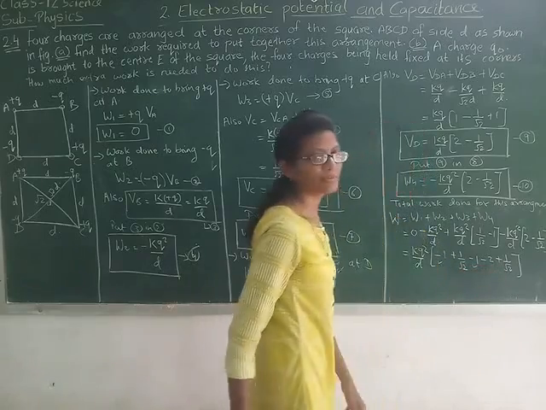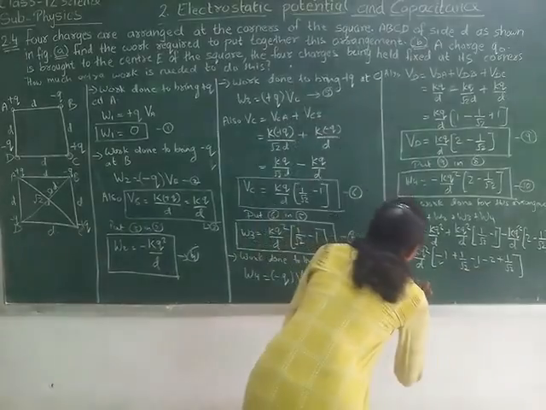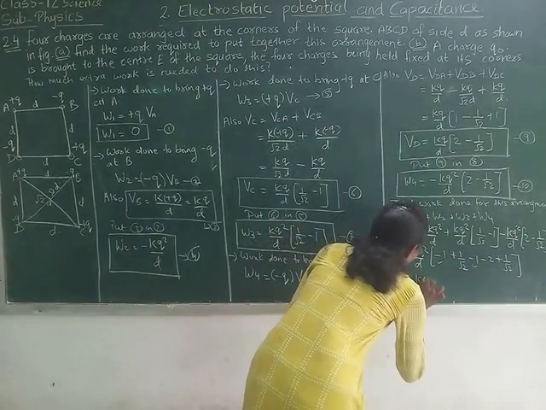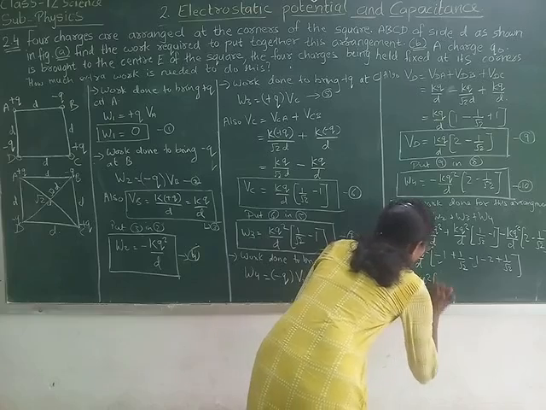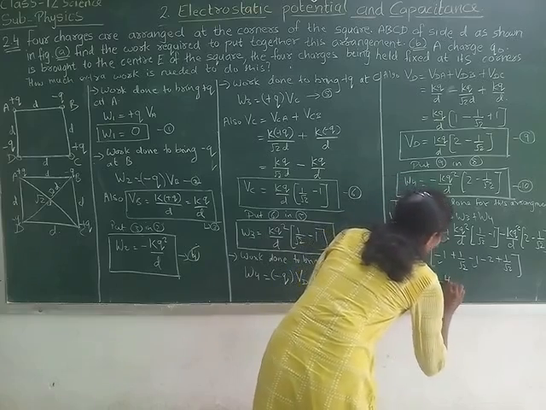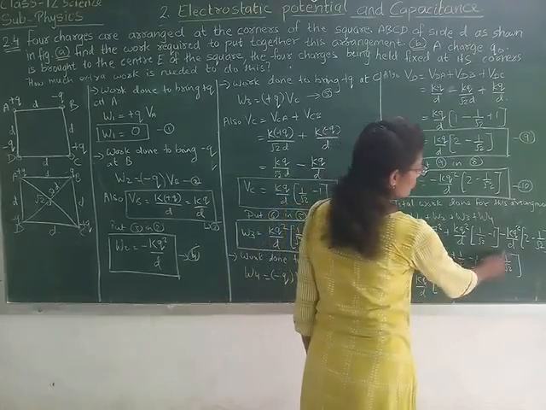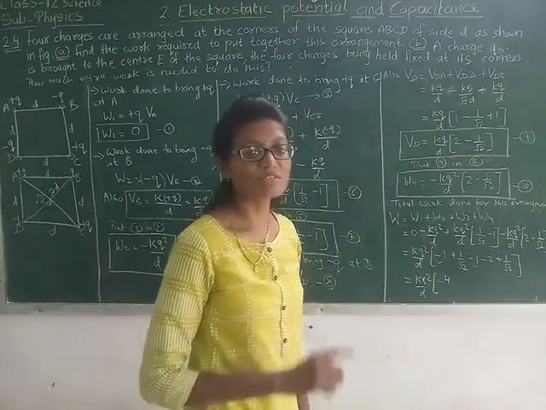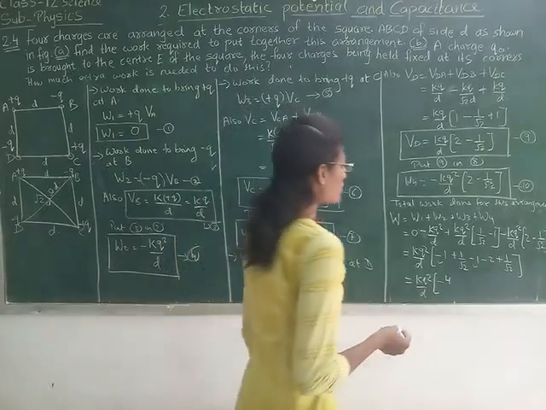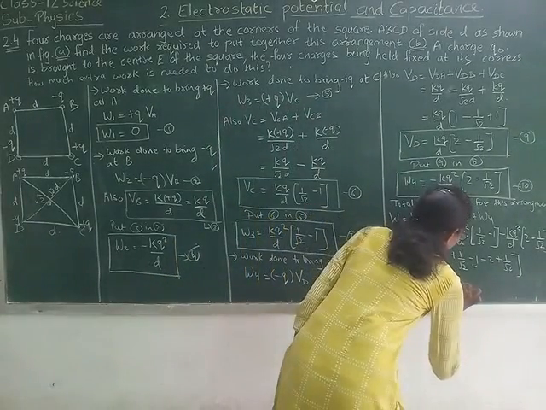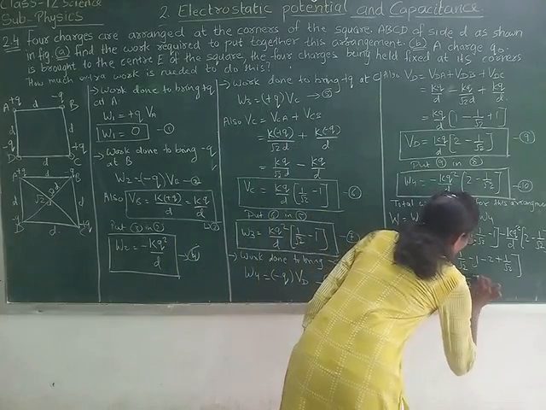Minus 2 becomes minus 4. So we can write like this: KQ square by D in bracket minus 4. Here 1 by root 2 plus 1 by root 2, that becomes 2 by root 2, or we can simply write as root 2.